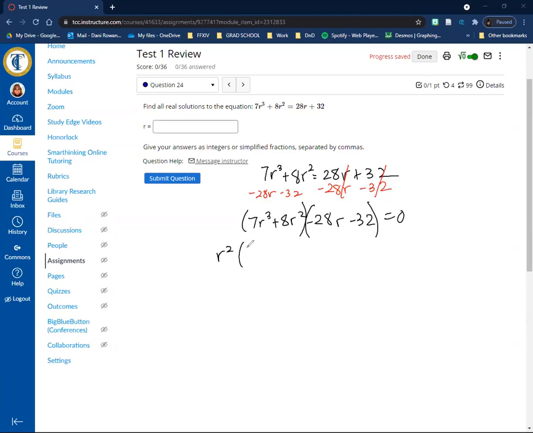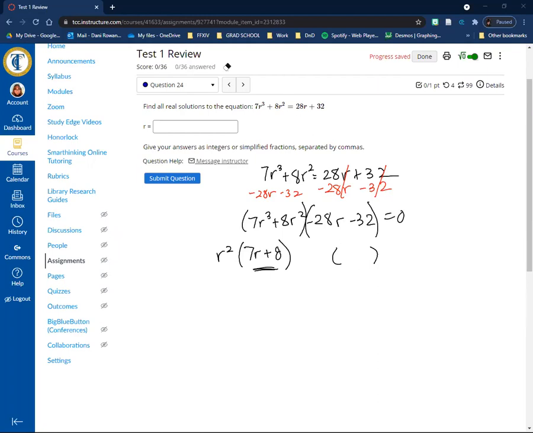Absolutely. Good job. So we're left with 7r plus 8. Now, what's important here is whatever we factor out of the second one, we need our inside to match this one. What can we factor out of the second one? 4. Positive 4 or negative 4?